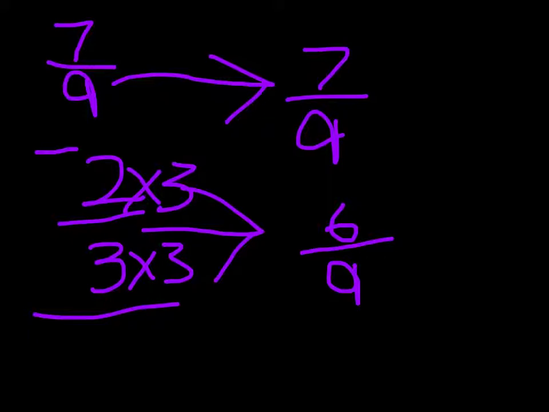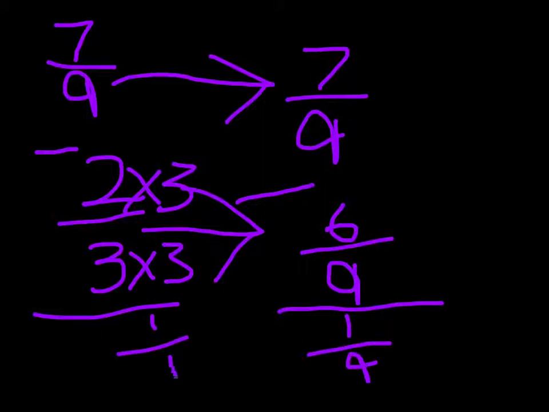So it's now 7/9 minus 6/9, which equals 1/9. So 1/9 is our answer because that can't be reduced because 1 is a prime number. And in your book, 1/9 is listed as C. So your answer is 1/9 or C. If you got 1/9, congratulations.